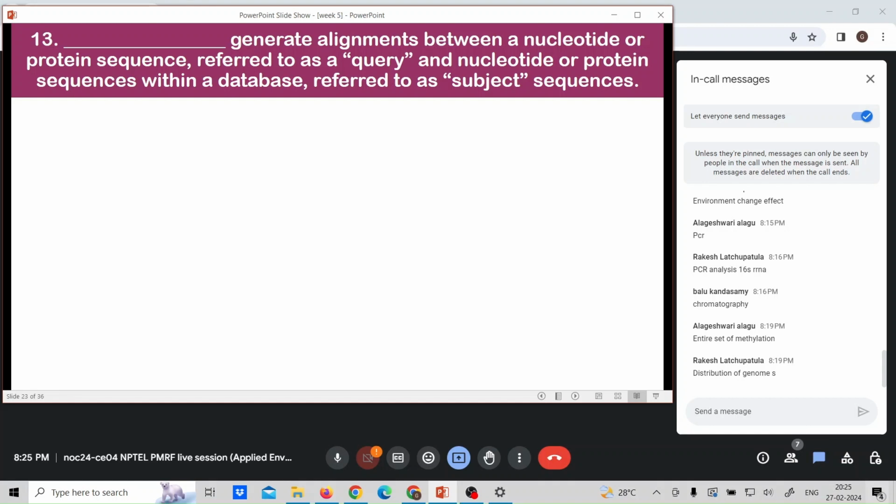Okay, to make things a bit simpler, this question is based on a bioinformatic approach. Whatever we have discussed so far was some kind of omics technique, PCR technique, molecular biology, everything was involved.